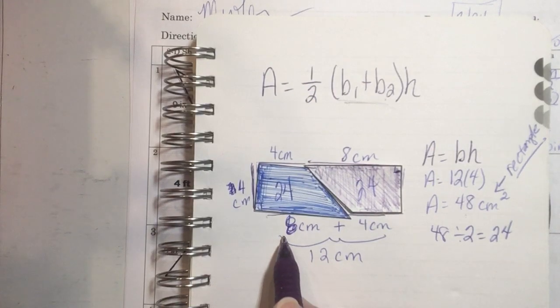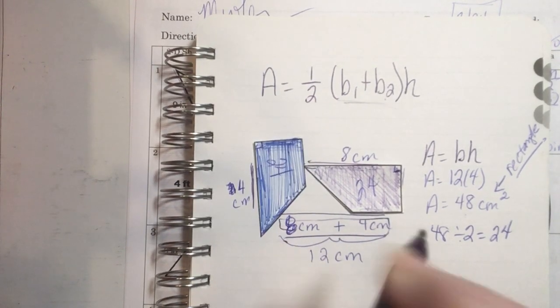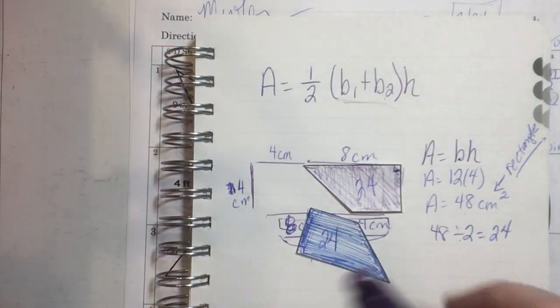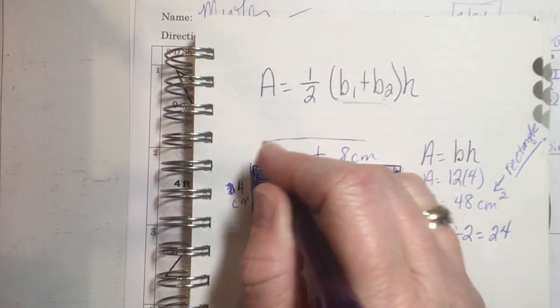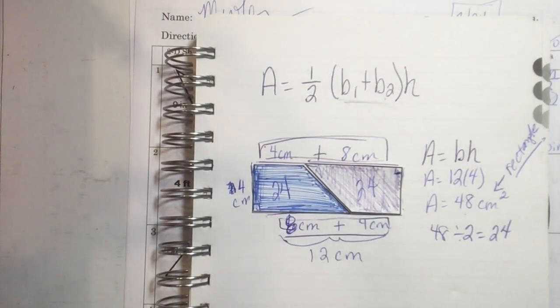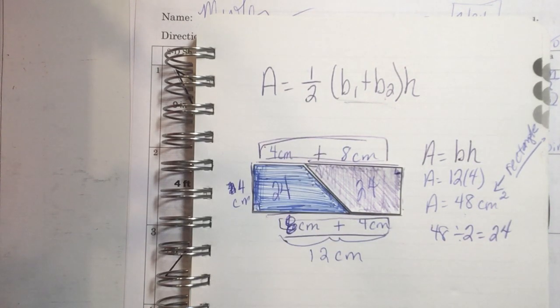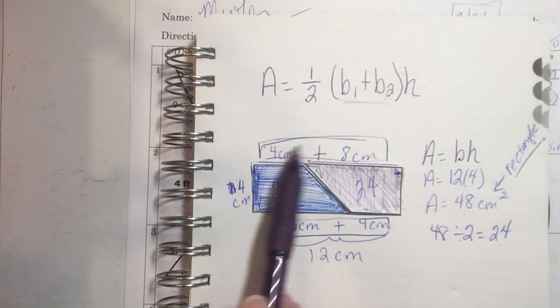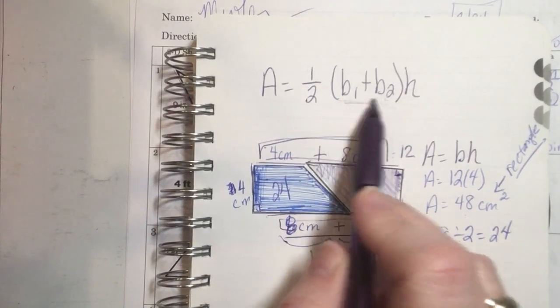So you see it right here, that we have to add the 8 plus 4. Notice, it doesn't matter if the 4 comes first or the 8 comes first, because remember, addition is commutative, right? So it doesn't matter which one you put first. 4 plus 8 is 12, and 8 plus 4 is 12. And that's what will go right here in that formula.